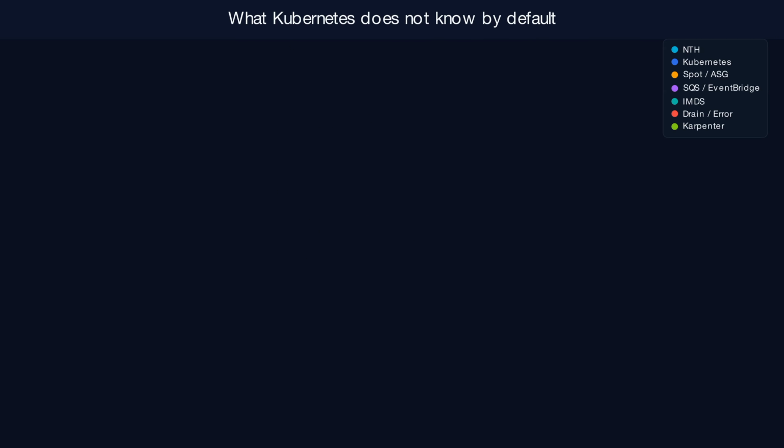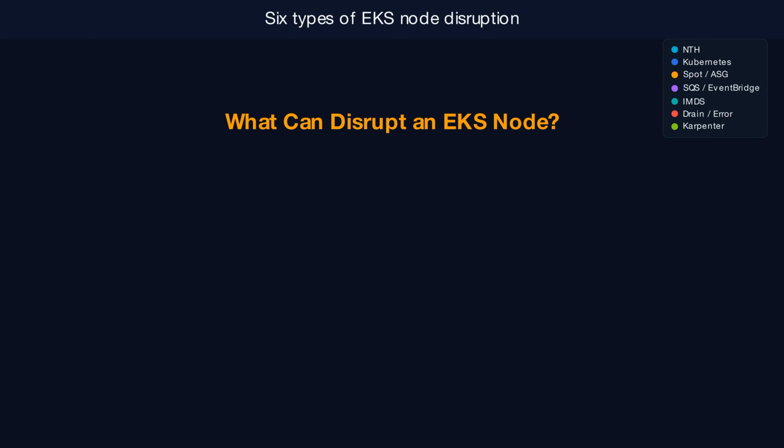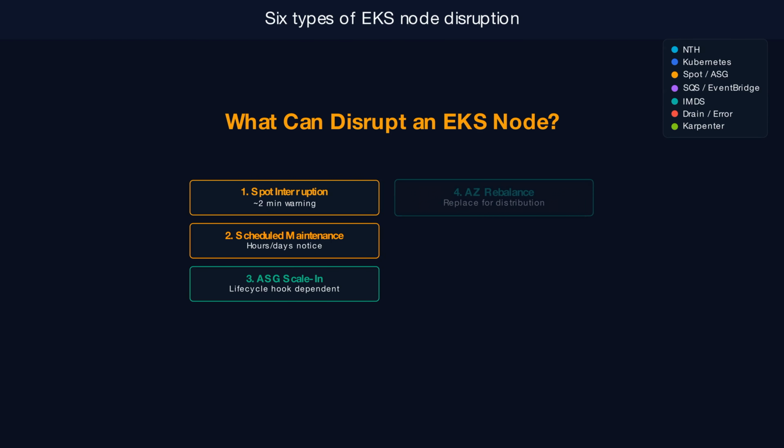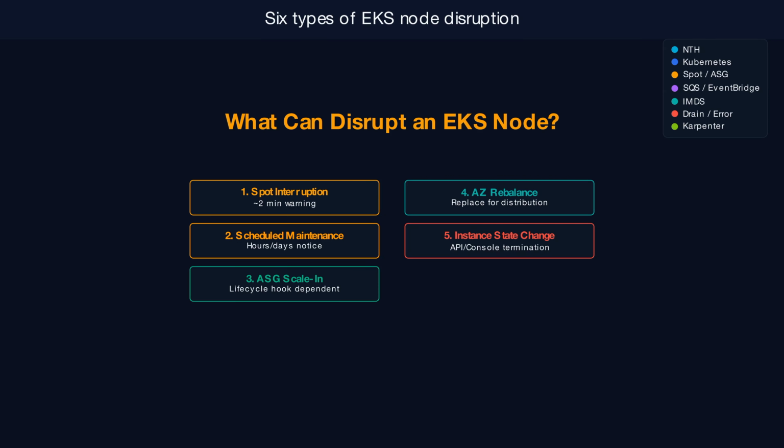Understanding the threat model starts with knowing every way an EKS worker node can disappear. There are 6 types. First, spot interruption. AWS reclaims a spot instance and gives you roughly a 2-minute warning. That is tight. Second, scheduled maintenance. AWS may notify you about hardware retirement or planned maintenance affecting an instance. Third, auto-scaling group scale-in. The ASG reduces desired capacity and terminates an instance.